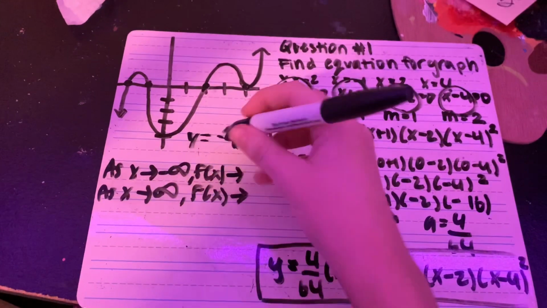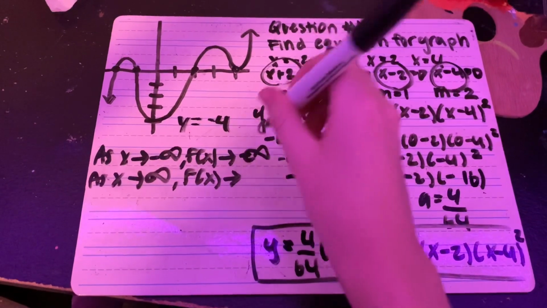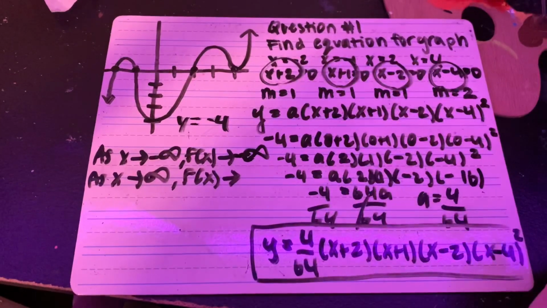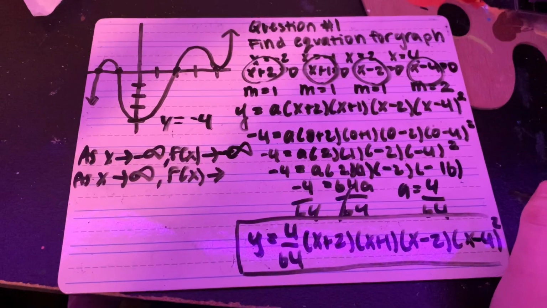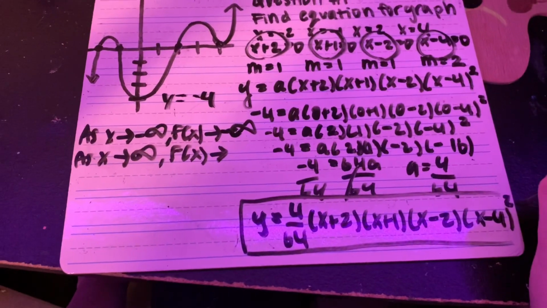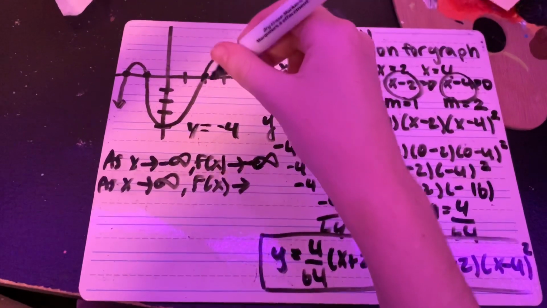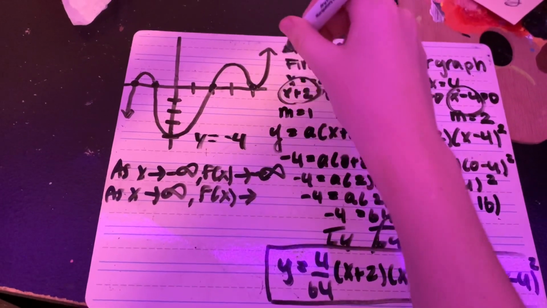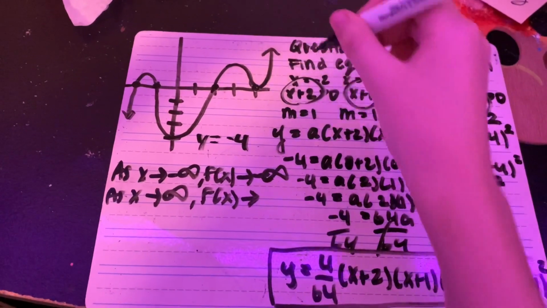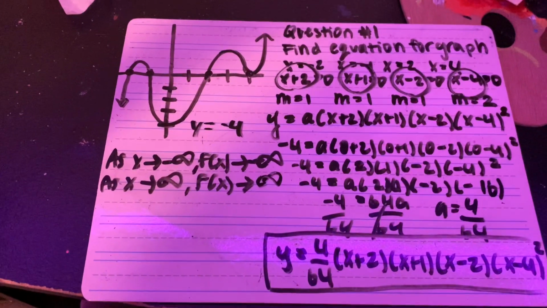So as it approaches negative infinity, f of x is going to be negative infinity. And when it ends with an even degree, which it does, it ends in 2 over here, as the polynomial approaches positive infinity up here, you can tell that f of x also approaches positive infinity, and that's how you confirm that they're both the same.